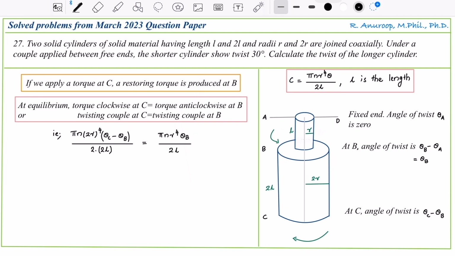Here pi and pi cancel on both sides. n and n cancel. R raised to 4 cancel. 2L cancel.